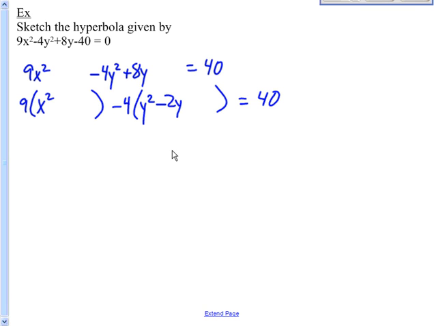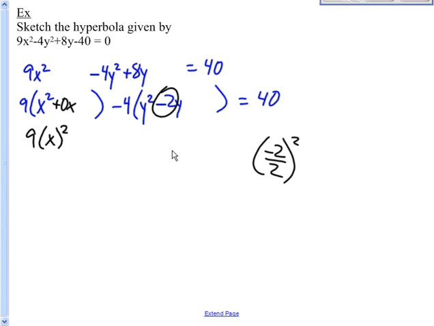Okay, now let's complete the square here. You notice I have no bx term here. It's just like a 0x. So b divided by 2 is going to be 0, so I don't do anything with this. I'm just leaving it like this, x minus 0 quantity squared. Over here, though, I can complete the square. There's my b term. b over 2 is negative 1, and I square it.